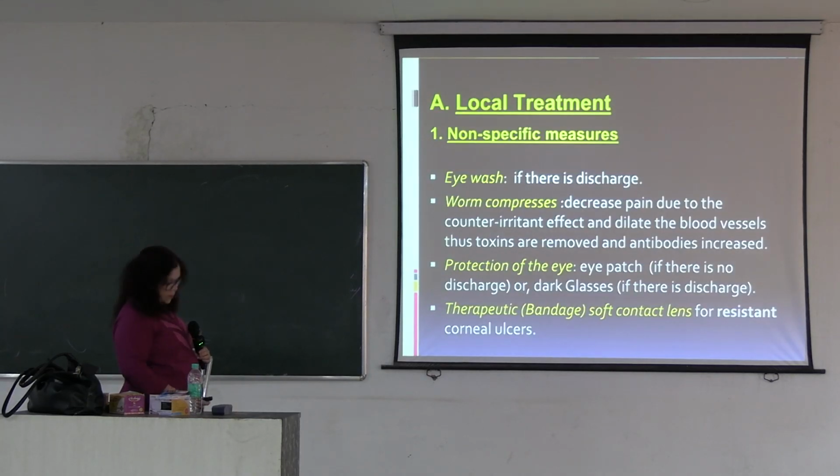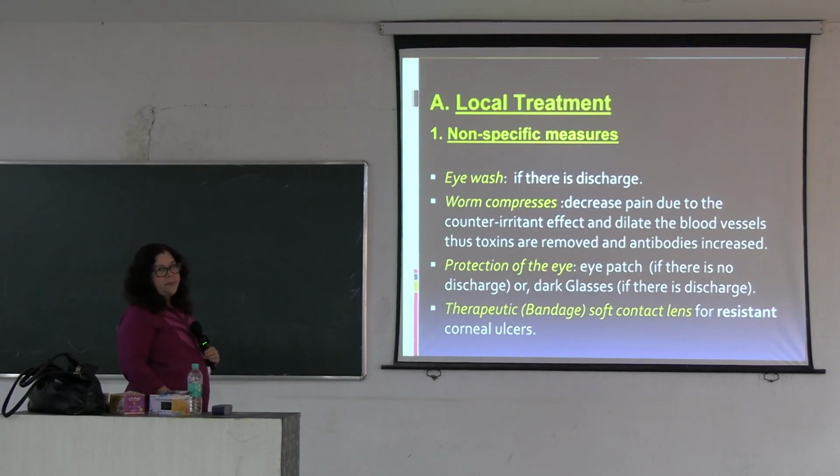In local treatment, first, every case of ulcer is cleaned and the discharge removed. Second, warm compression is given. It has counter-irritant effects and dilates the blood vessels, which removes the toxins and also delivers the antibiotics due to the increased vascularization. Third is the protection of the eye.